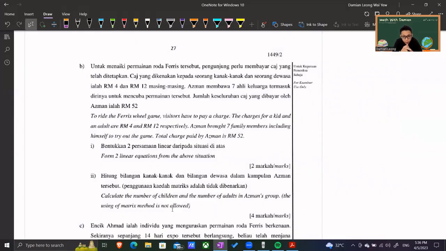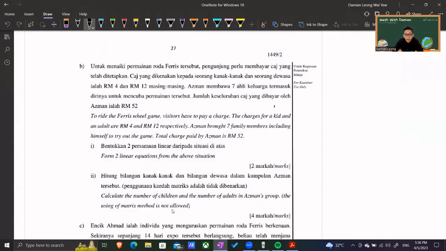To ride a Ferris wheel game, visitors have to pay a charge. Charges for a kid and an adult are 4 ringgit and 12 ringgit respectively. Asman brought seven family members, including himself, to try out the game. Total charge paid by Asman is 52 ringgit. Form 2 linear equations from the situation here. So I know there are 7 family members, but I don't know how many are kids, how many are adults.